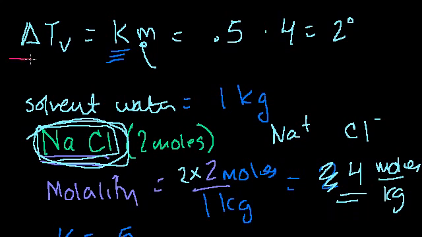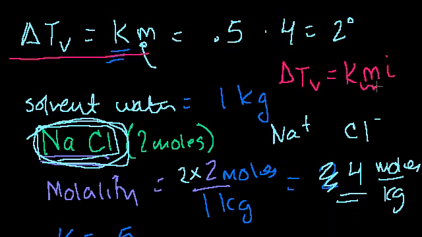In some textbooks, you'll actually see the same formula written like this: change in boiling temperature, or vapor temperature, or whatever you want to think, is equal to K times M times I, where they'll say M is the molality of the compound you're talking about. So in this case, this number would be 2.